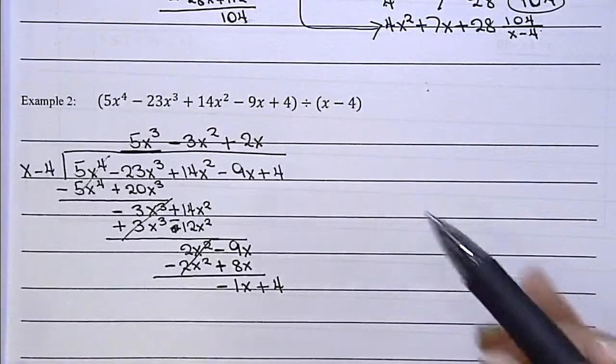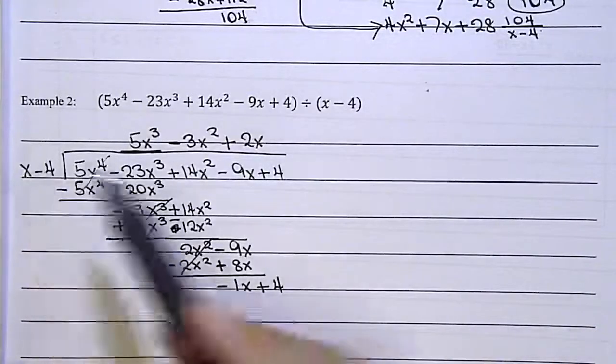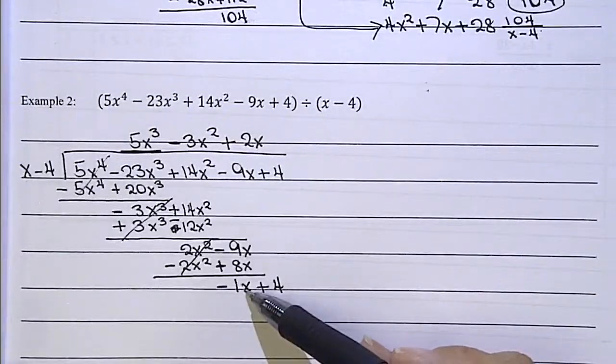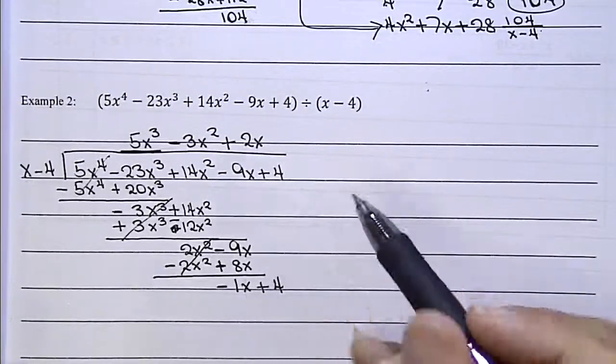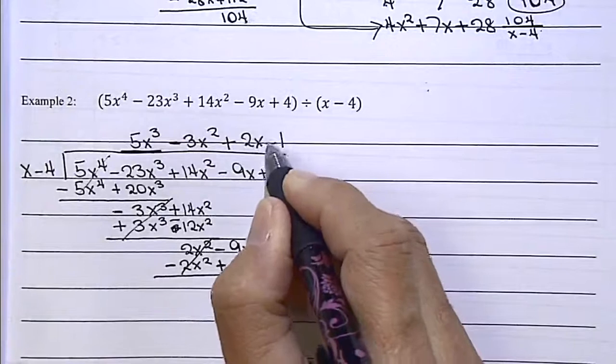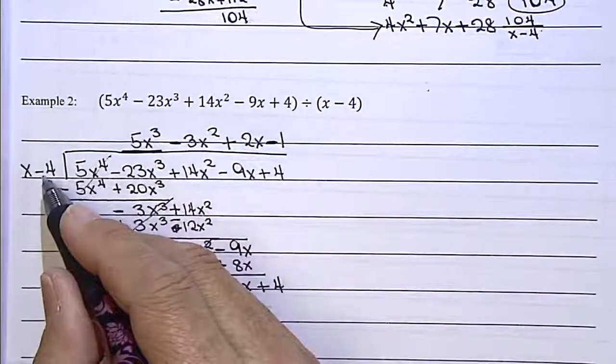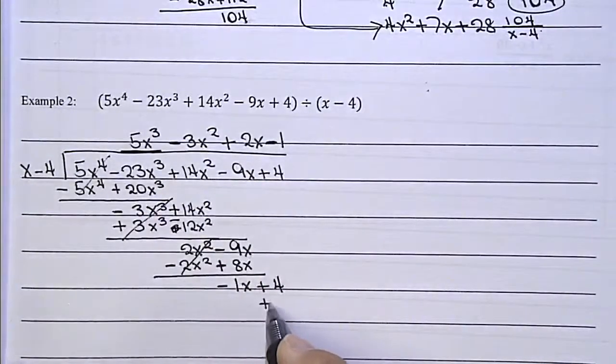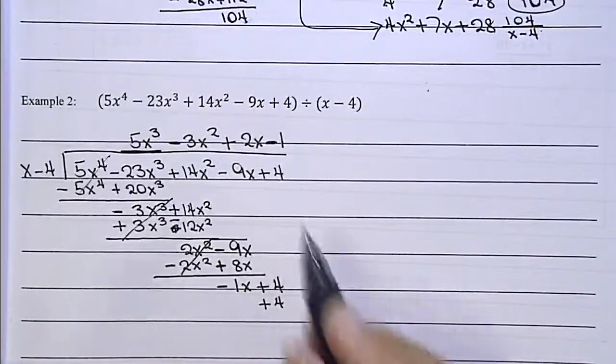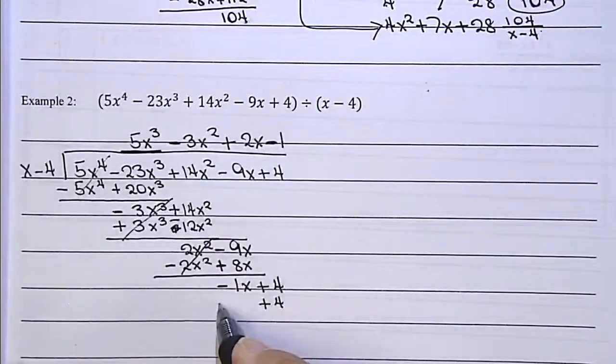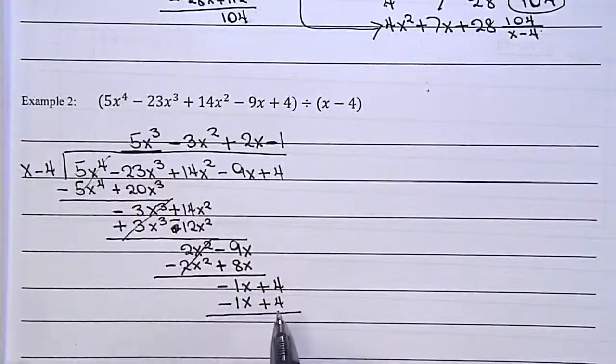And what have I got? Well, what times x will give me a negative 1x? Okay. So let's try that. Negative 1 times negative 4, right? Negative 1 times positive x. Now I want to subtract those terms, so I change the signs.